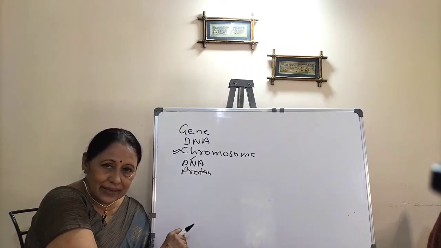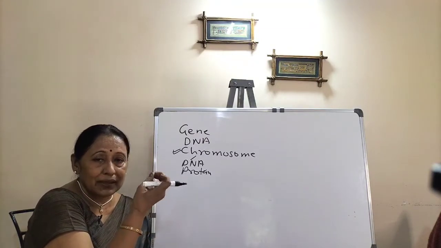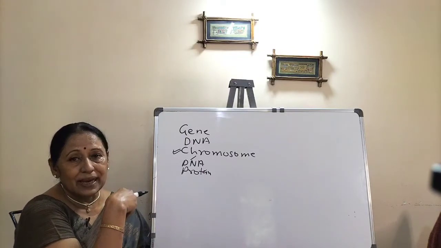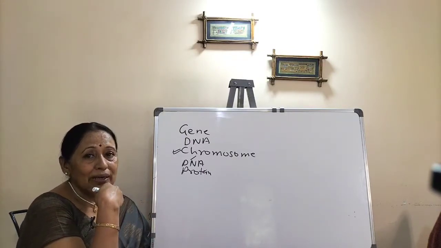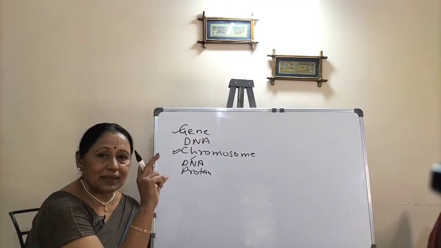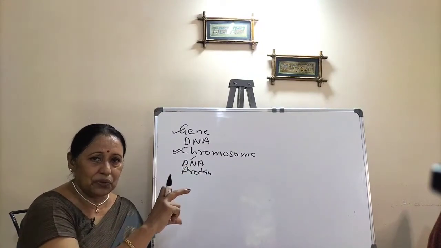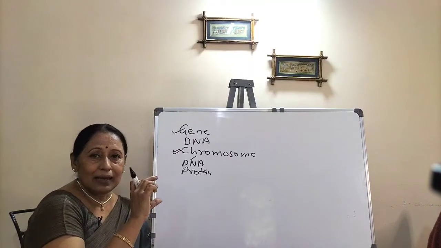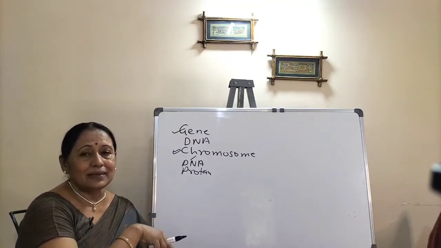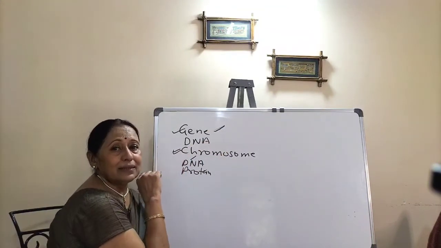Now come to DNA. That means it is a part of chromosome. So DNA is actually the genetic material, which is a polynucleotide. And what are genes? Genes are the segment of DNA also you can say, or chromosome also you can say. So genes are the part of DNA which controls the formation of proteins, that is enzymes.